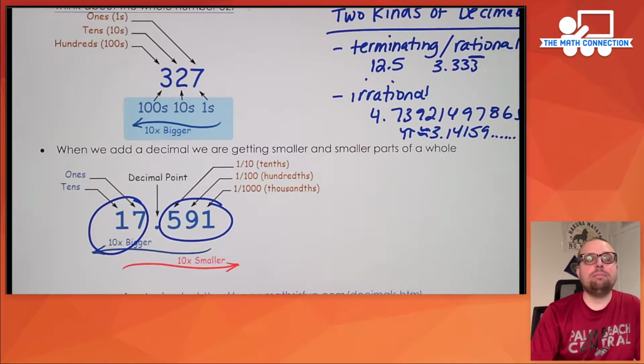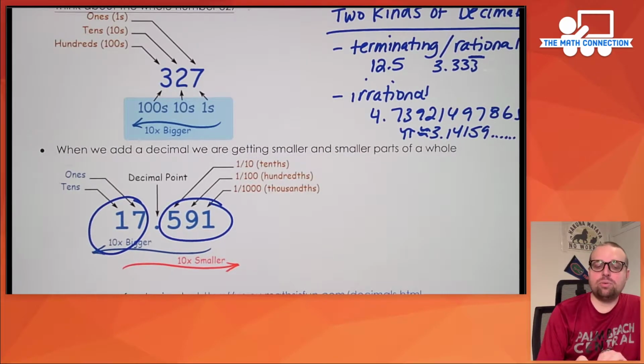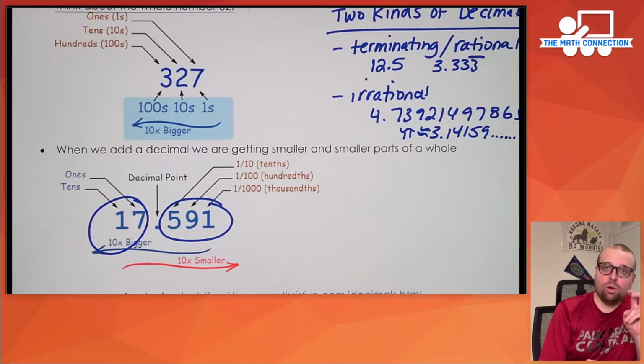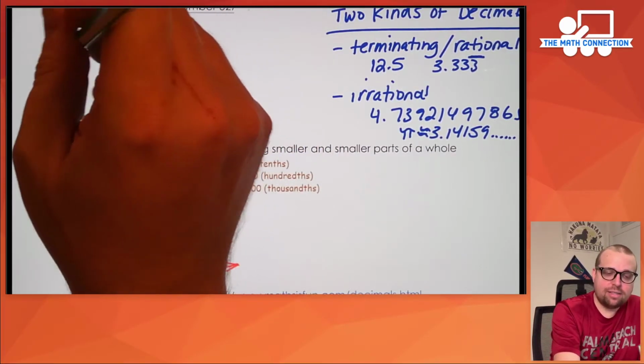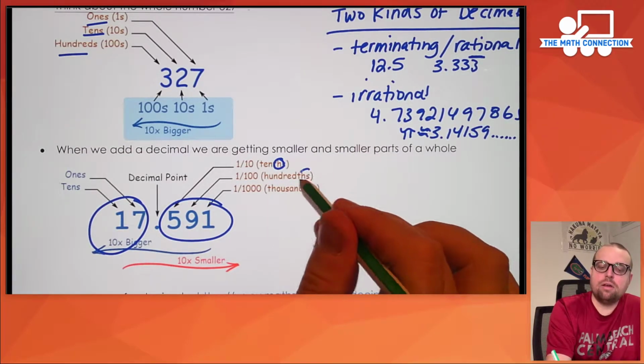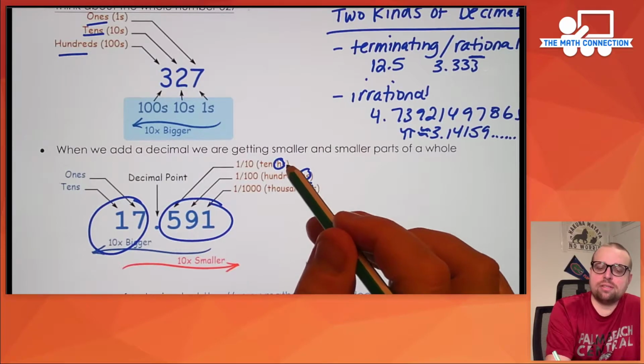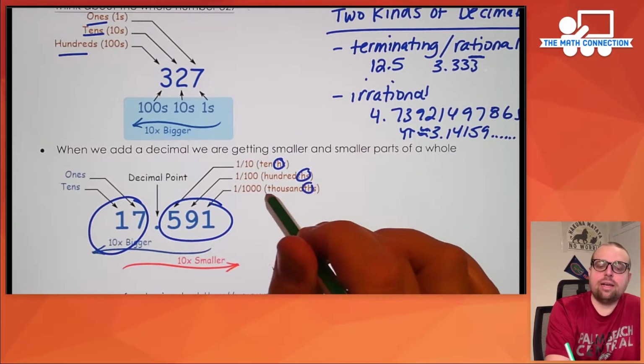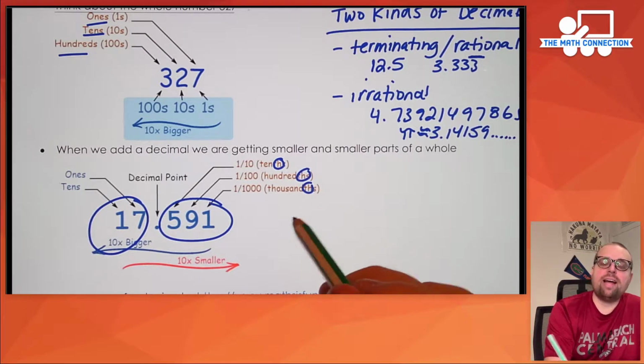Now, keep in mind, there's a difference between the other side, the whole number side. On this side, we're talking about ones, tens, and hundreds. On this side, we have this "th" at the end of the word: tenths, hundredths, and thousandths, okay? That's the difference.